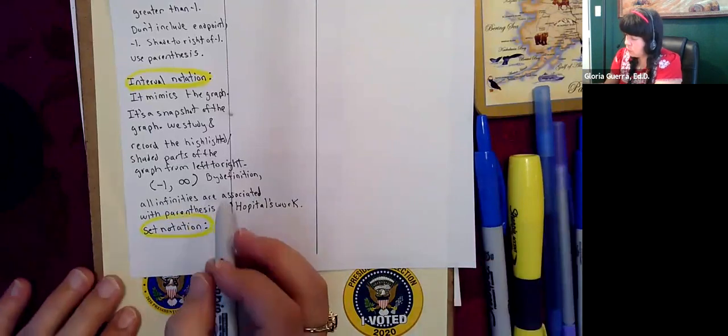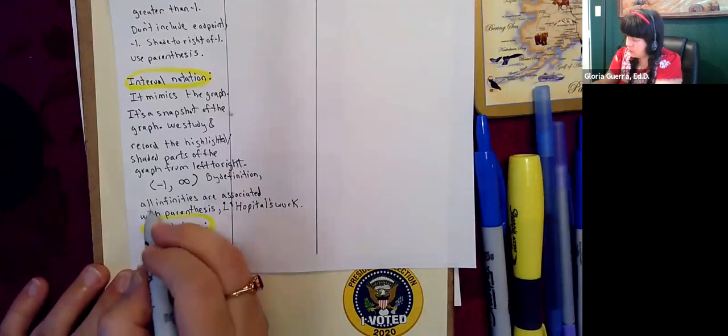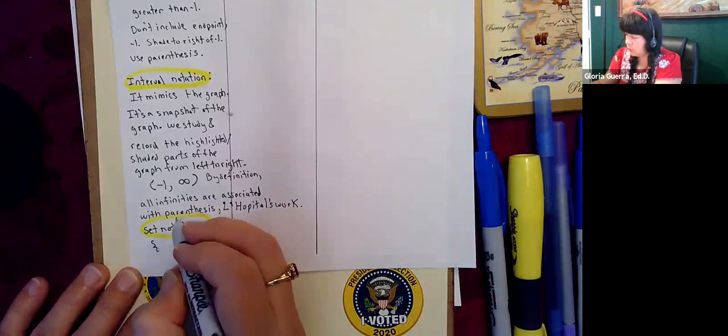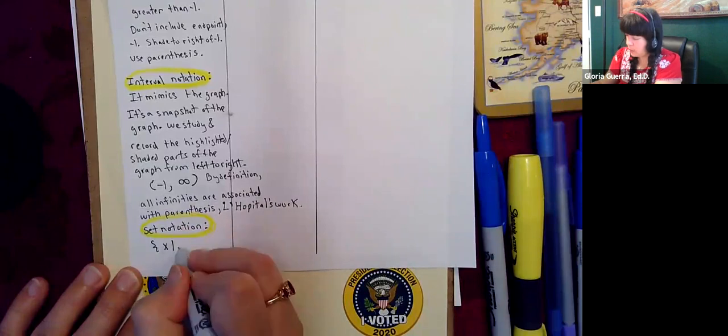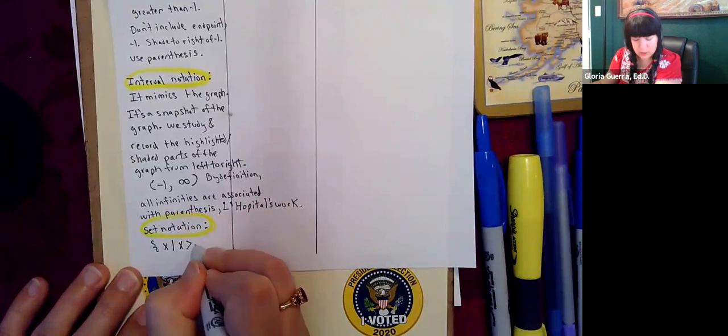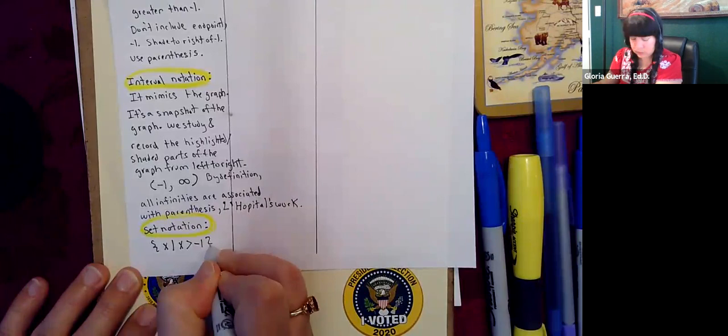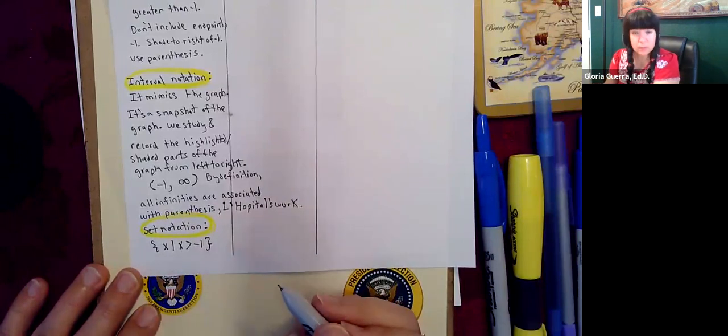In our set notation, remember we have open braces. We introduce the letter we're talking about, which is x, such that x is greater than -1, and then we close it.